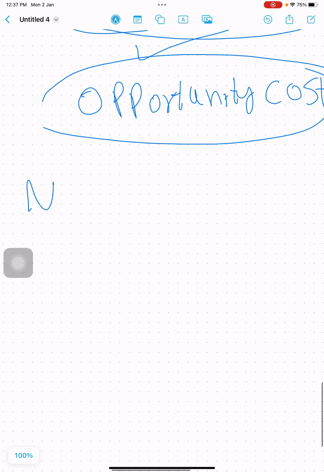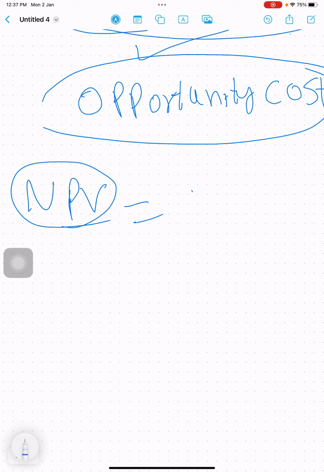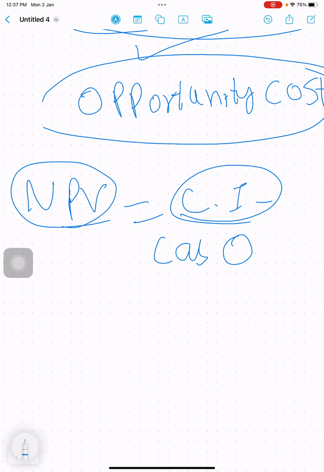Then NPV, net present value. Now net present value is a complex domain, but from the PMP perspective, just understand this: cash inflow minus cash outflow. Another meaning, your income minus expense, that is NPV.